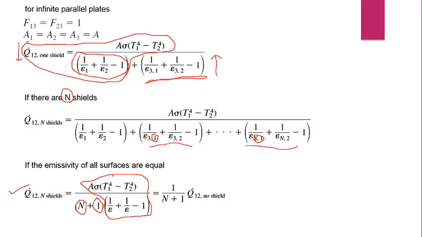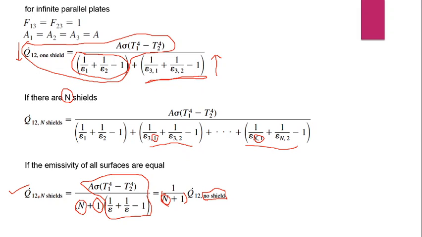you can find that this is the expression for the case of no shield. If you have no shield between two surfaces, you will have q12 with 0 shields equal to A sigma (T1 to the power 4 minus T2 to the power 4) divided by (1 divided by epsilon 1 plus 1 divided by epsilon 2 minus 1). But now we have n number of shields, so we got n plus 1 in the denominator, right?